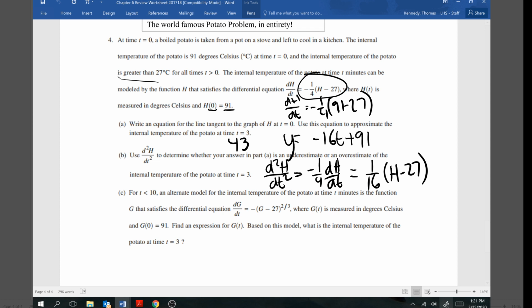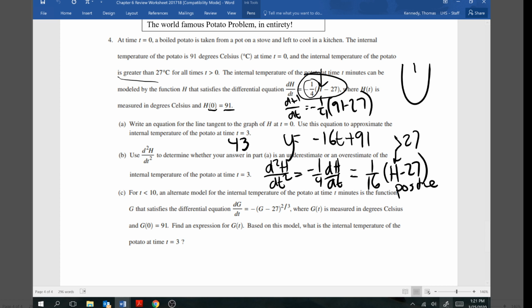And if I plug in a temperature bigger than 27 in here, I always get a positive second derivative. If I get a positive second derivative, I know it's concave up. Now, if I plug in a temperature bigger than 27 into the initial rate equation, I get a negative number because it has a negative 1/4 in front.